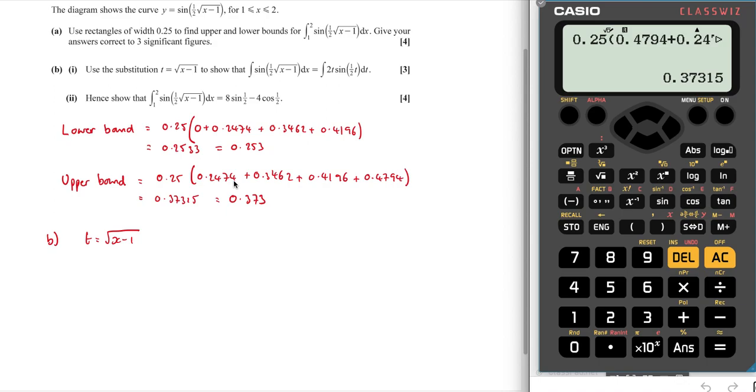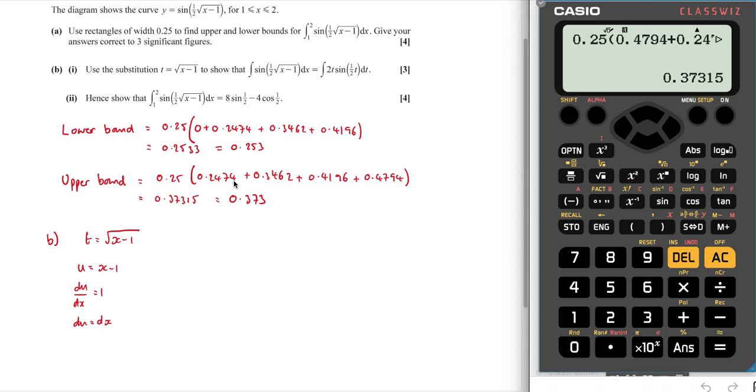I'm actually going to make another substitution, because I'm not very good at doing integration by inspection. So I'm going to say u equals x minus 1, so du by dx is 1, so du is going to equal dx. And what can I do there?